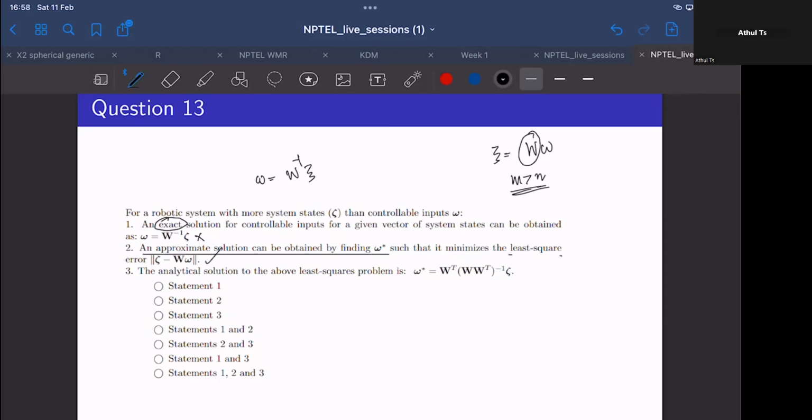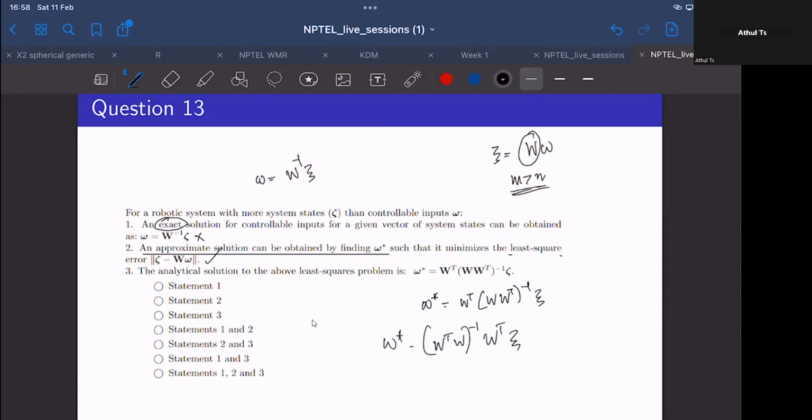The third statement says the analytical solution to the above least square problem is omega star equals W transpose inverse zeta. Again, for an overdetermined case, this is not the right answer. The correct answer would be (W transpose W) inverse W transpose zeta.